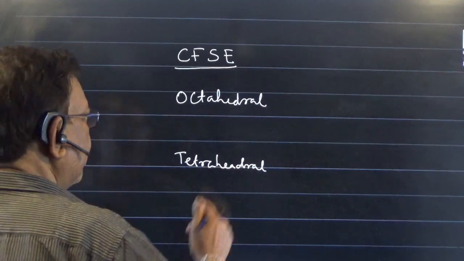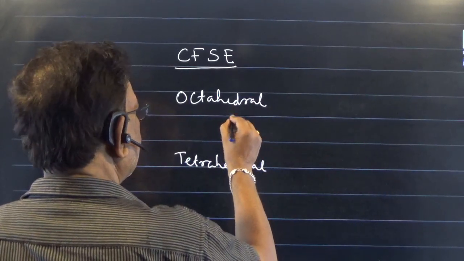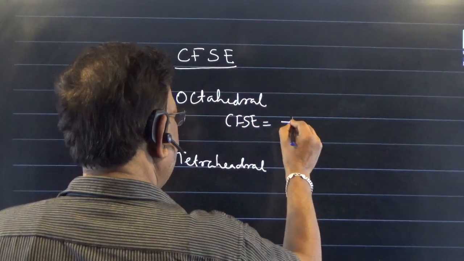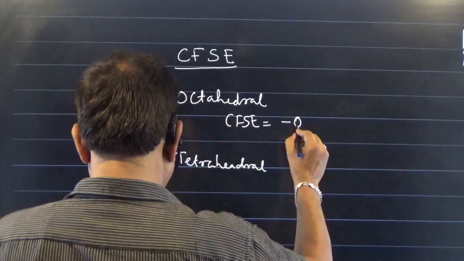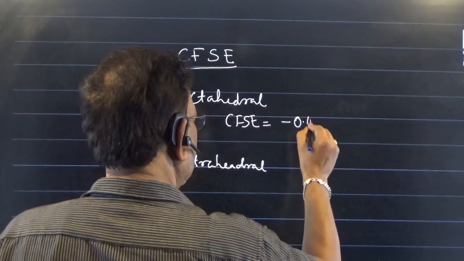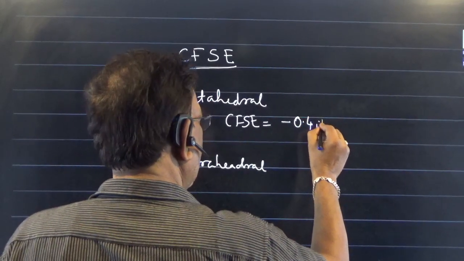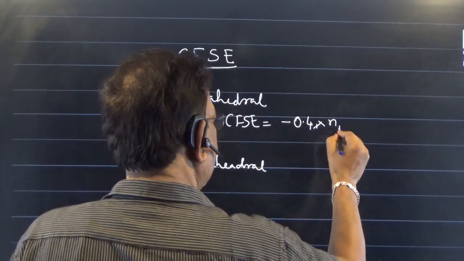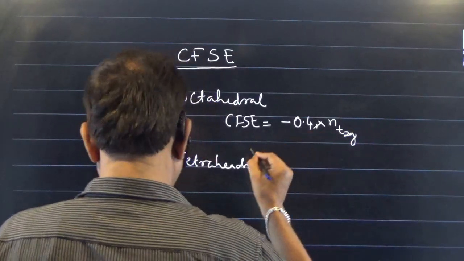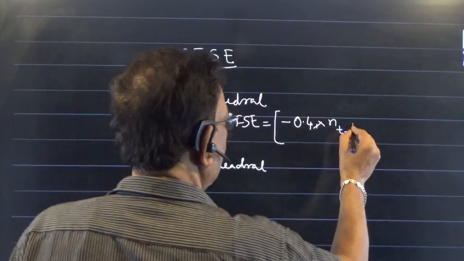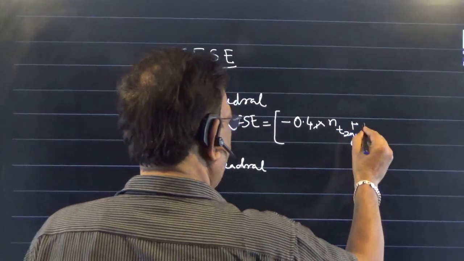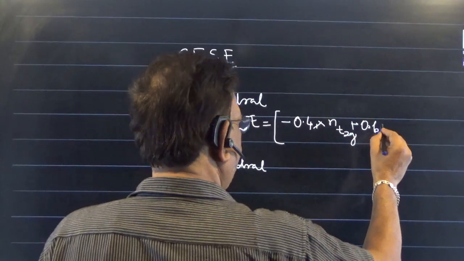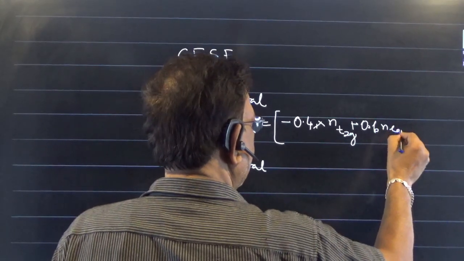For octahedral, crystal field stabilization energy is equal to minus 0.4 into the number of electrons in T2G plus 0.6 into the number of electrons in Eg.